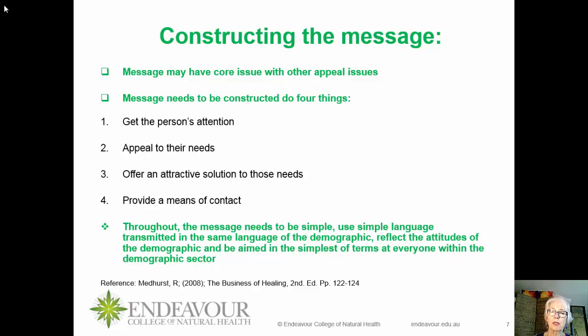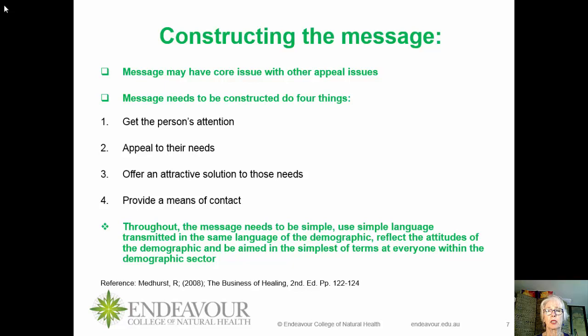So constructing the message, how do we make that message real? The message may have core issues with other appeal issues. Have that core issue. Is it about well-being? Is it about absolute health?